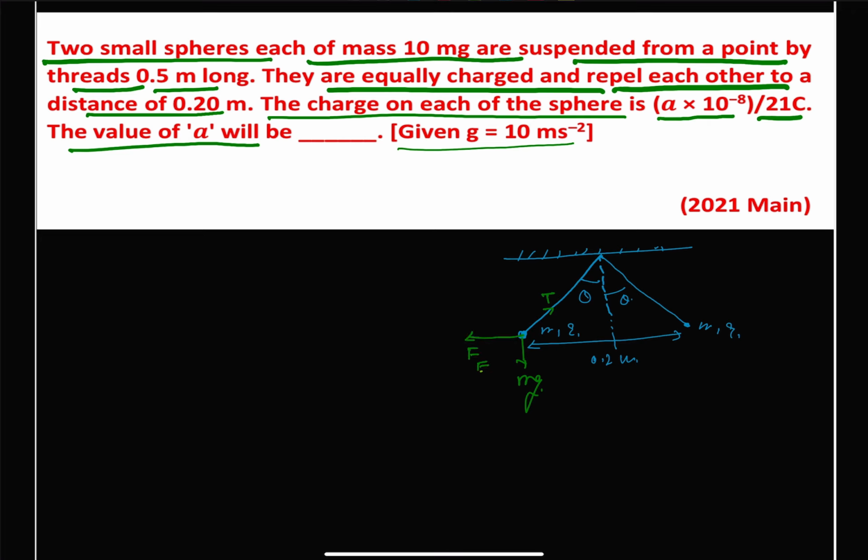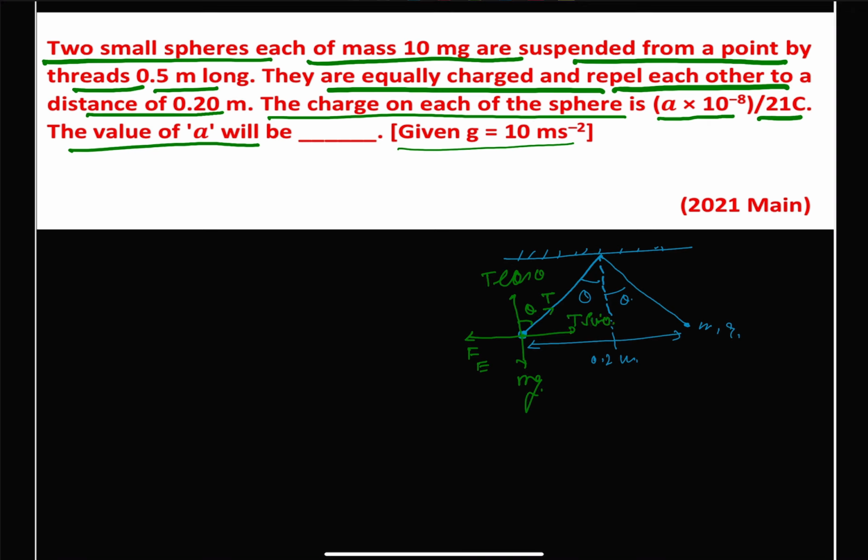We can divide this T into two components: we get T cos of theta and T sine of theta.